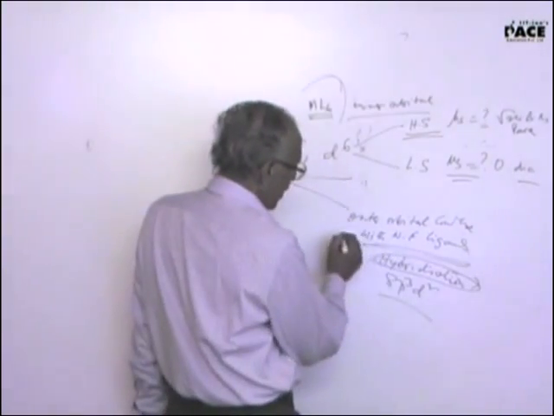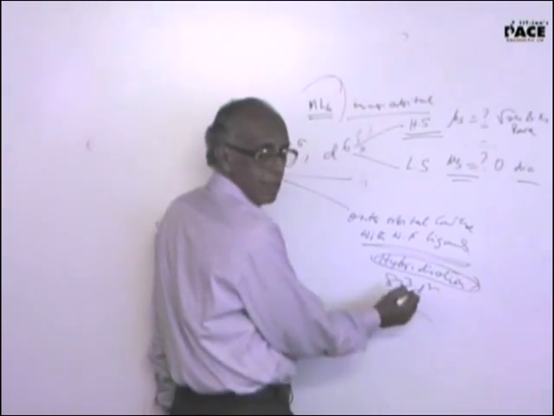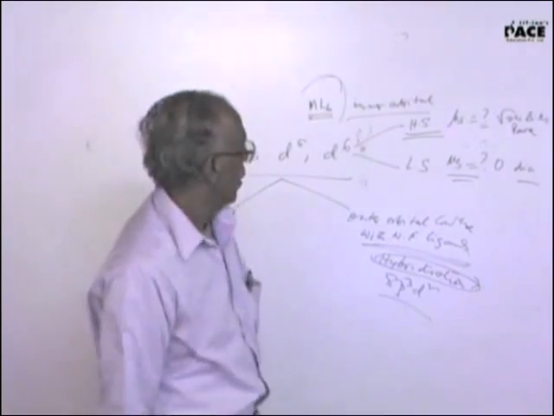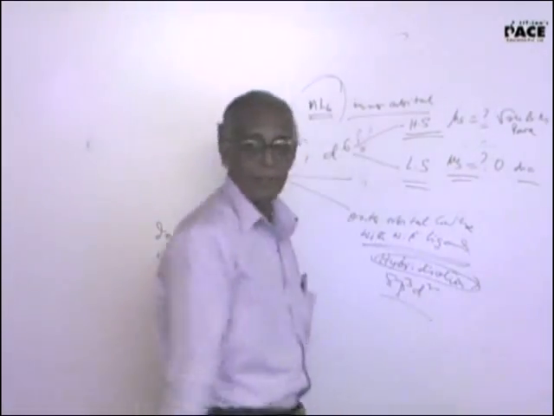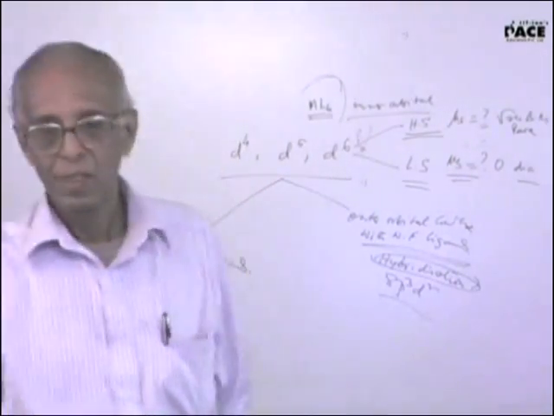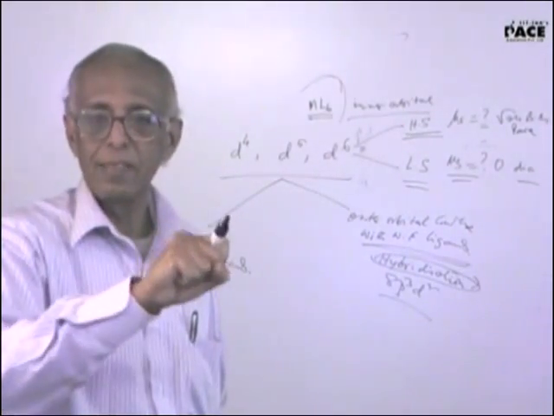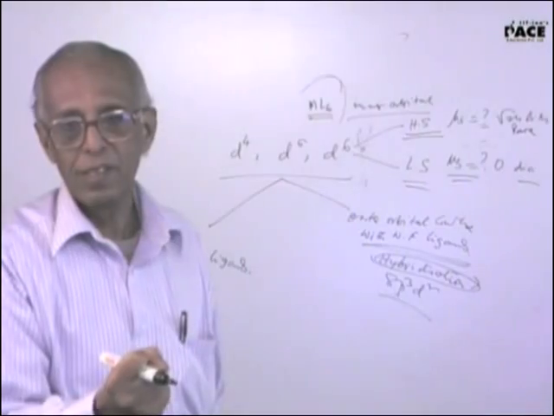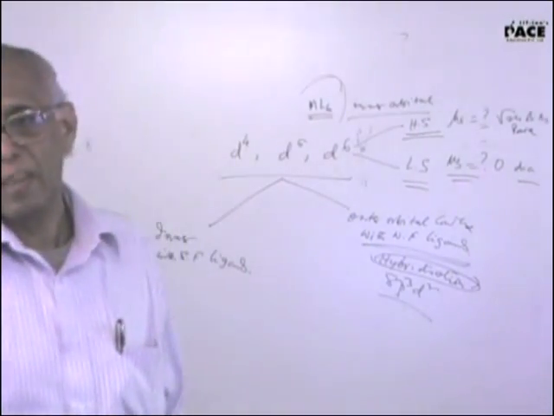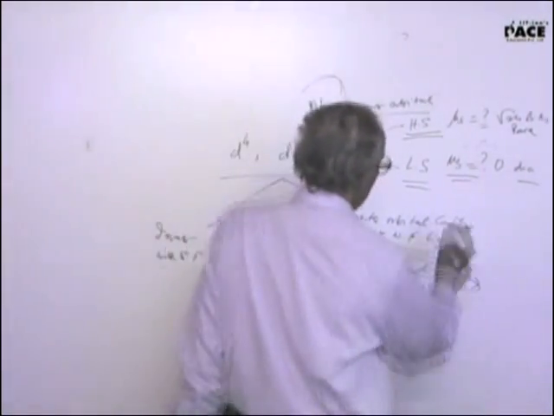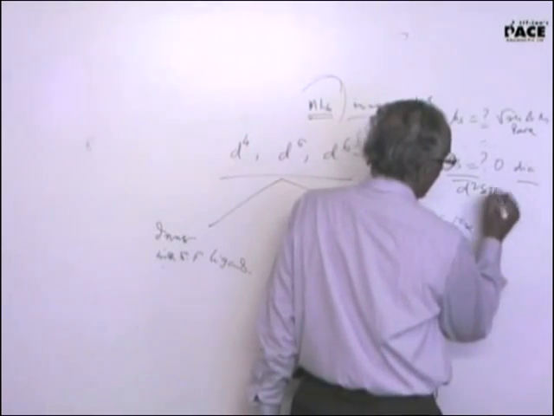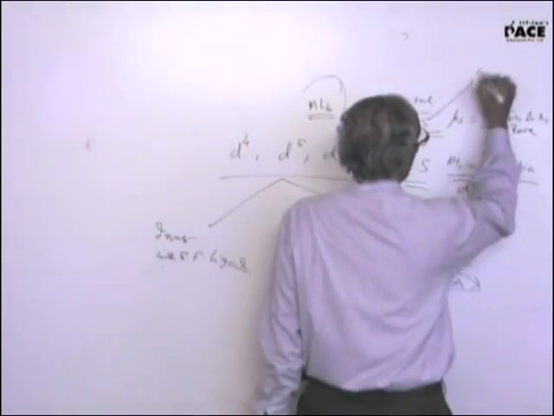What will be the hybridization for D6 high spin? sp3d2. Yes. For low spin, what will be the hybridization? Now I can accommodate 6 electrons in 3 orbitals, so I have 2 orbitals available. So for low spin, it will be d2sp3. For high spin, it will be sp3d2.